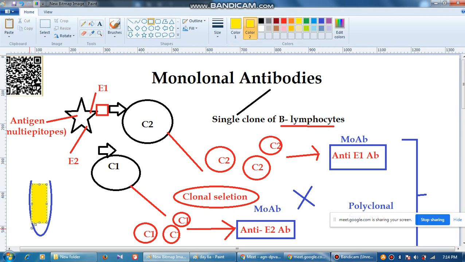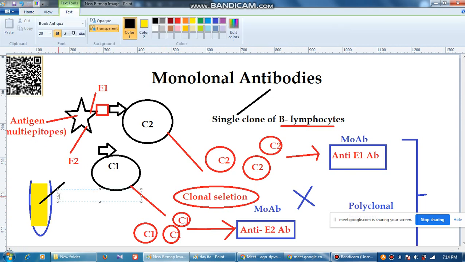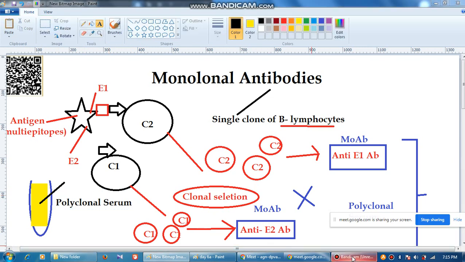This is the serum that you have isolated in a test tube, and in the test tube this is nothing but a polyclonal serum. Whenever you isolate serum from your patient, it is nothing but a polyclonal serum. So you understood what exactly a monoclonal antibody is?